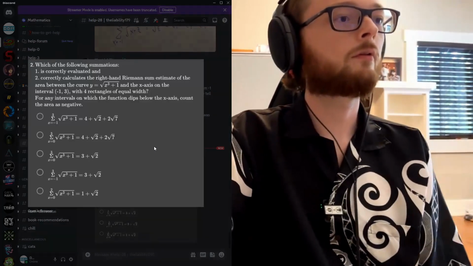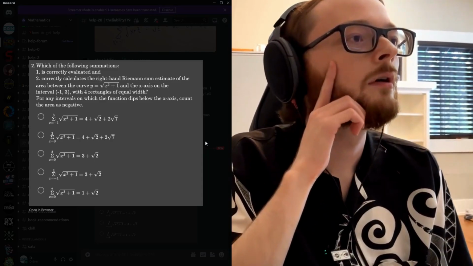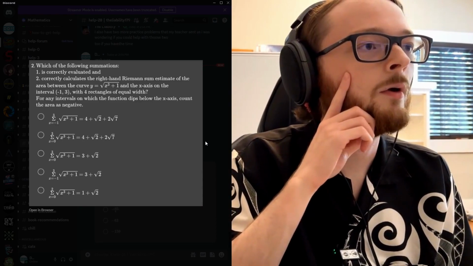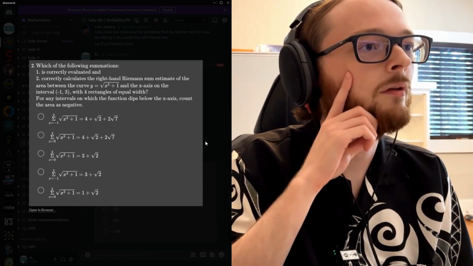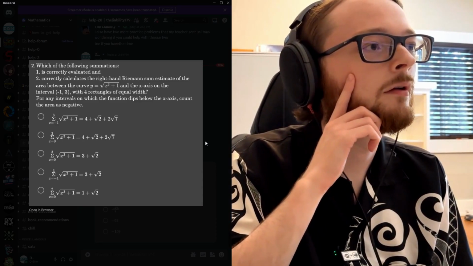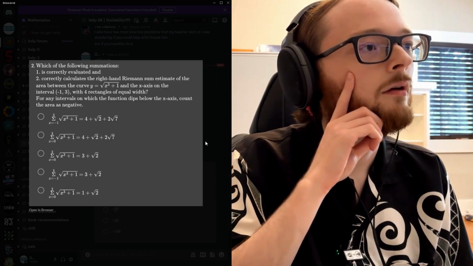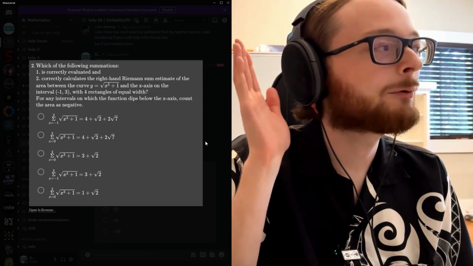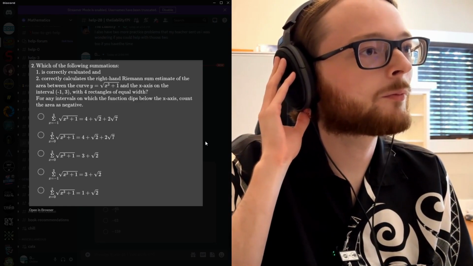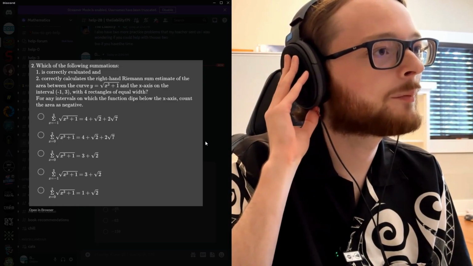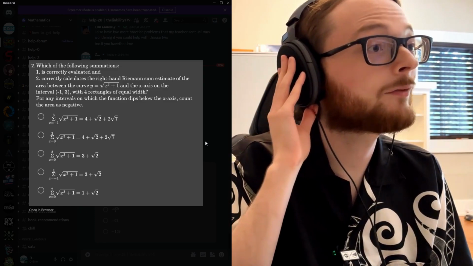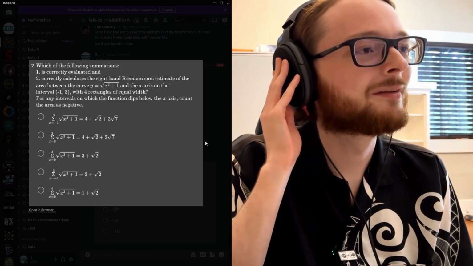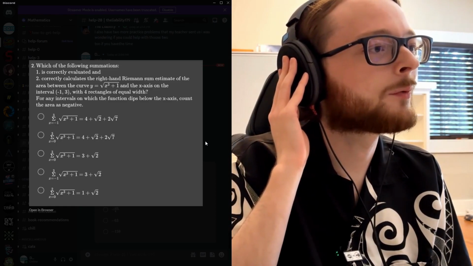Let's see what this one is. Which of the following summations is correctly evaluated and correctly calculates the right-hand Riemann sum estimate of the area between the curve y equals the square root of x cubed plus 1 and the x-axis on the interval of -1 to 3, with 4 rectangles of equal width.